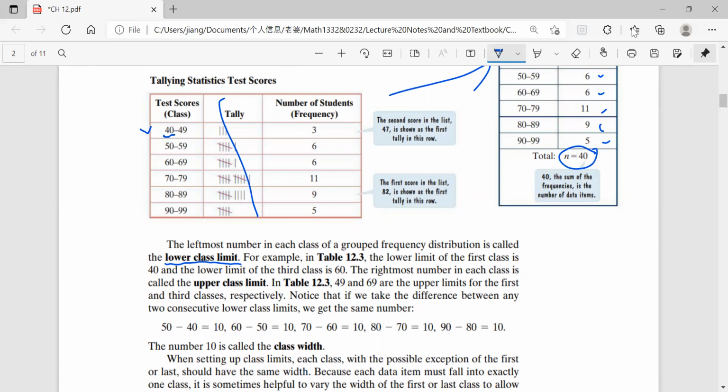That's the leftmost number. Another definition is upper class limit. For example, for this class, the upper class limit is the rightmost number. Let's see this class: the rightmost number is 79. So 79 is the upper class limit for the fourth class.